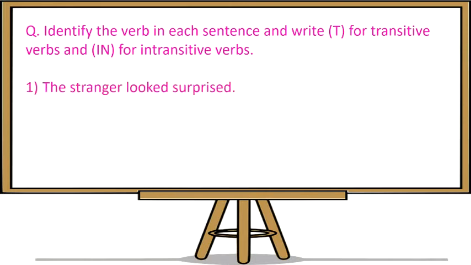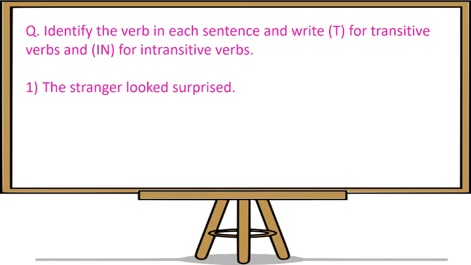The stranger looked surprised. Now just see and understand what is each word in this sentence. Shall we begin? Okay. The first is the stranger. So this is our subject because it is before the verb. The verb is looked.